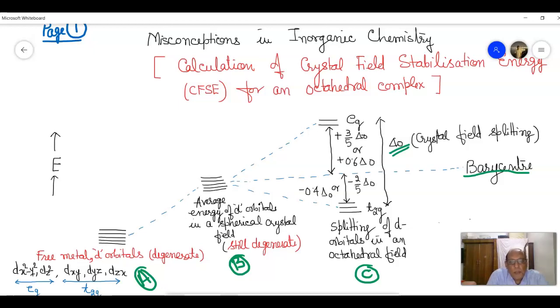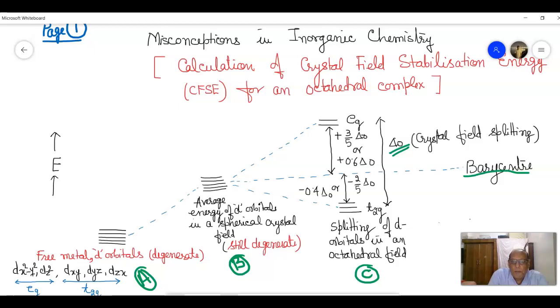Well, each Eg orbital occupies a place higher than barycenter by an amount of energy equal to 3 by 5 delta O, and each T2g orbital occupies a place which is lowering its energy by an amount of energy equal to 2 by 5 delta O. What is the significance of this split? Significance is this one, that if you put an electron in a T2g orbital, then an energy equivalent to 0.4 delta O is released.